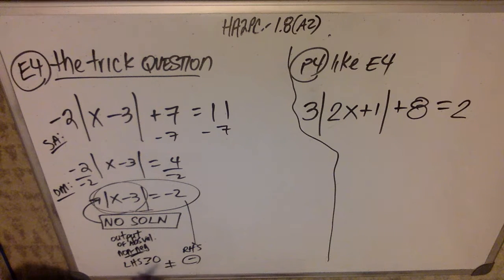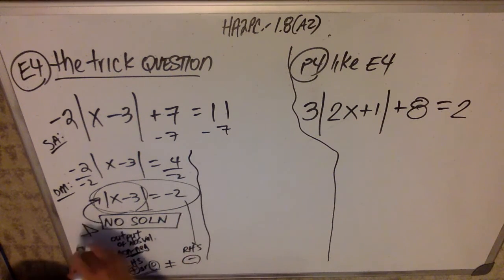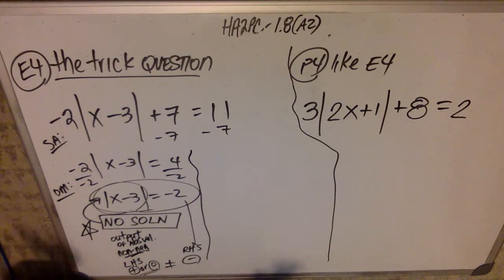Another way to think about it is that the left-hand side is either positive or 0, because that's the output of an absolute value. If the left-hand side is positive or 0 and the right-hand side is negative 2, that's just not possible. So if you see that the answer is no solution and you can articulate that, that's awesome.